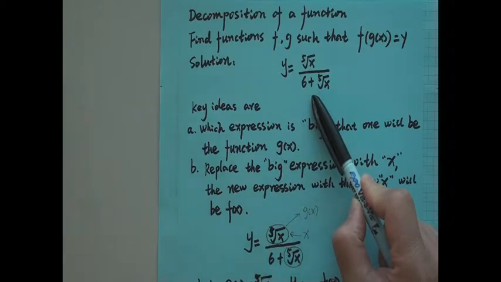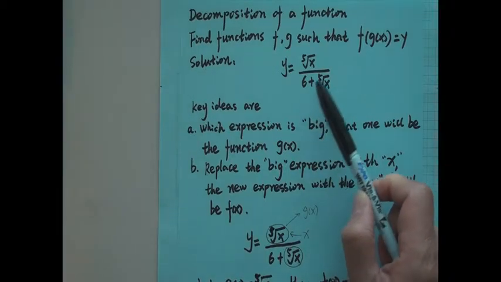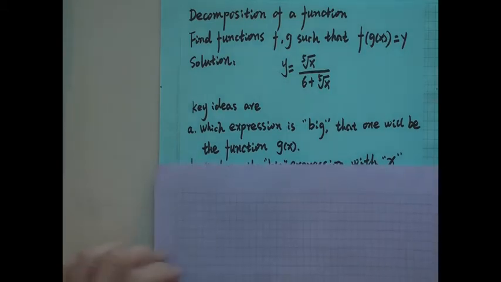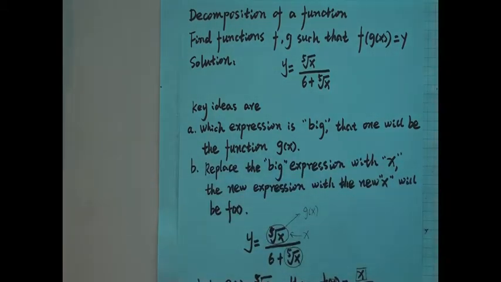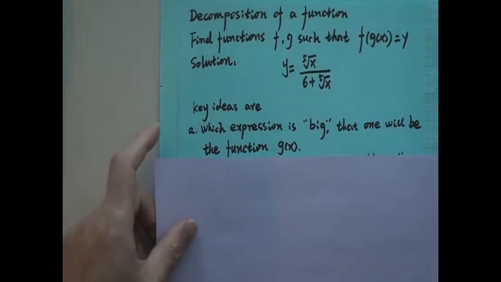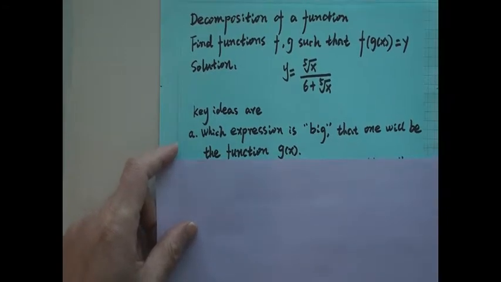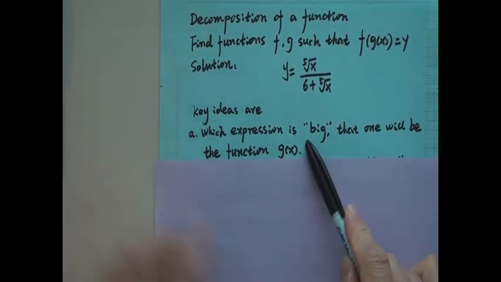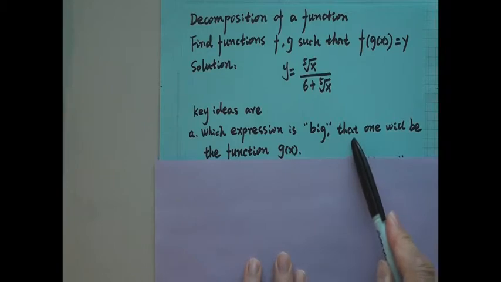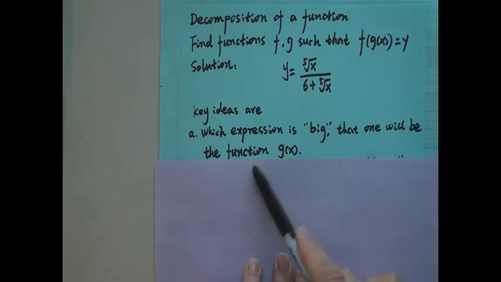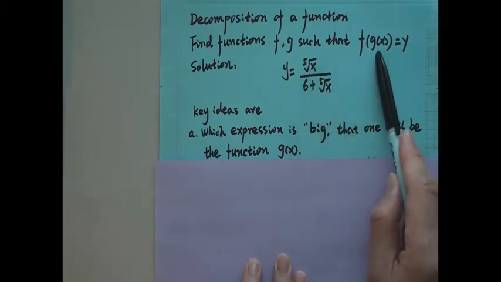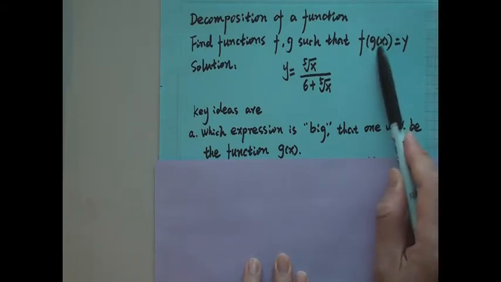The key idea for doing this is that there are two steps. One step is that which expression is big, then that one will be the function g of x. So you need g of x inside.